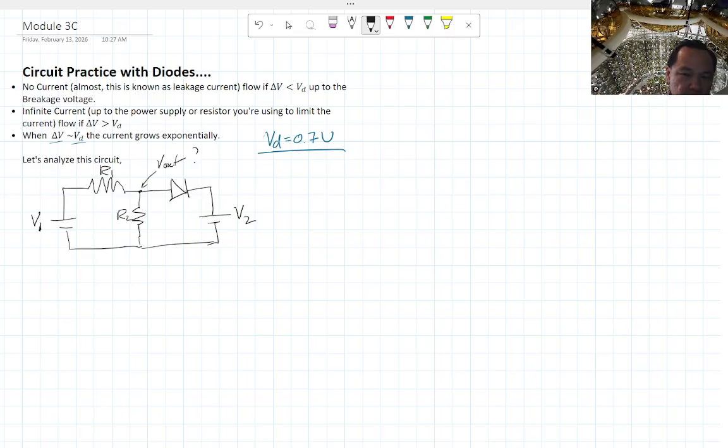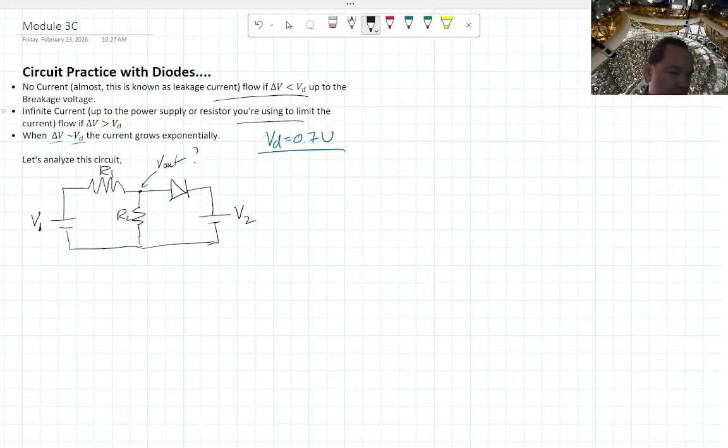One path is that the diode is on, and you analyze the circuit when it's on. The other case is that you analyze the circuit when the diode is off. So you analyze it once doing this, and once doing that.